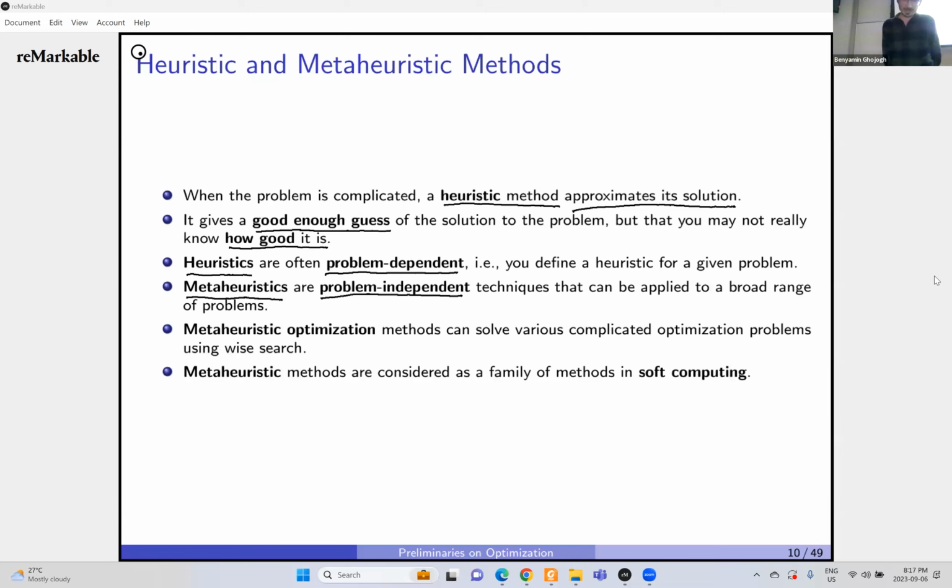Metaheuristic optimization methods can solve various complicated optimization problems using wise search. Metaheuristic methods are considered a family of soft computing. Do you remember I said at the start of the class that soft computing is a field of science covering metaheuristic optimization, fuzzy logic, etc.?